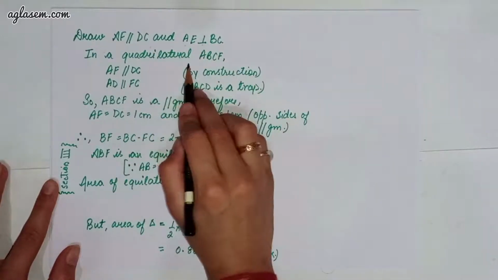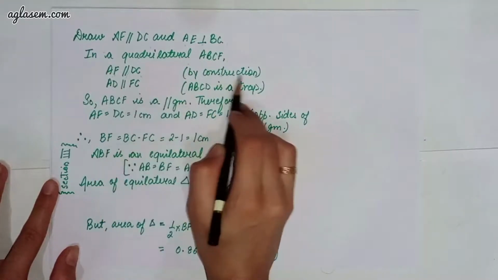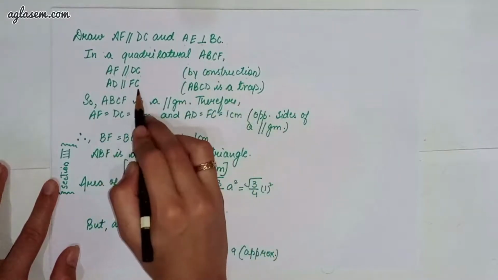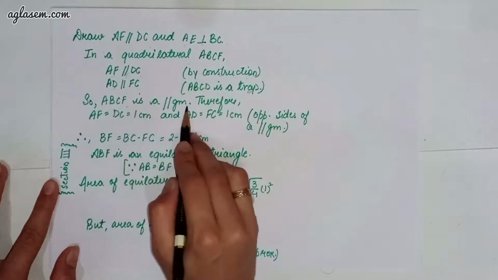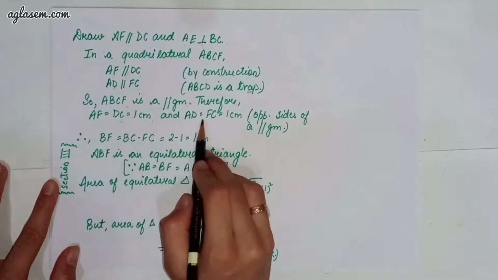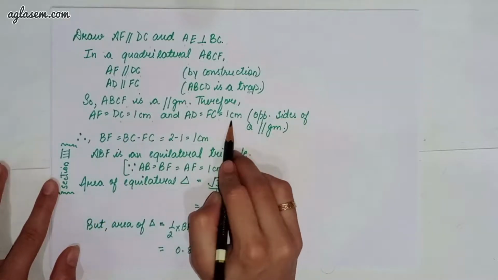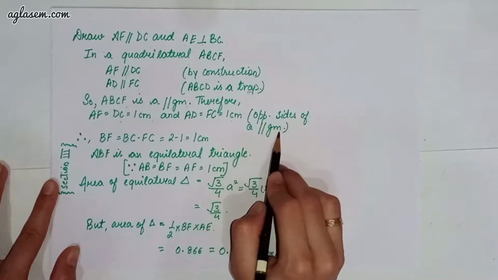So in quadrilateral ABCF, AF is parallel to DC by construction, and AD is parallel to FC, since ABCD is a trapezium. So ABCF is a parallelogram, therefore AF is equal to DC, which equals 1, and AD is equal to FC, that equals 1, because opposite sides of a parallelogram are equal.